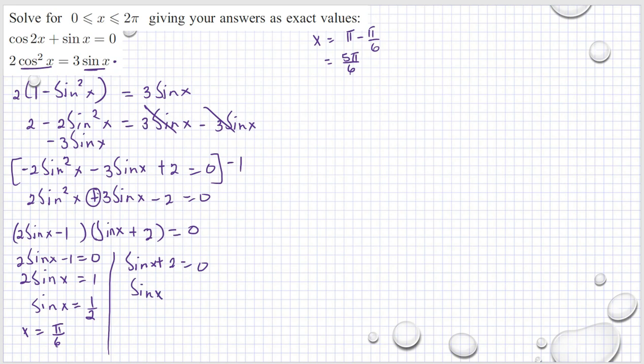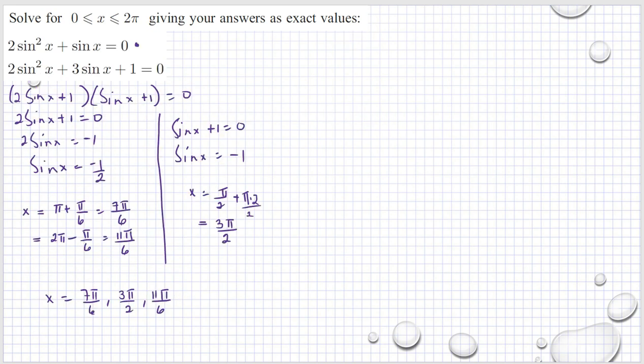Subtracting both sides of the equation by 2, we have negative 2. But the highest value for sine x is positive and negative 1. That means this has no solution. So we have only x is equal to pi over 6 and 5 pi over 6. Okay, I think I will stop there.